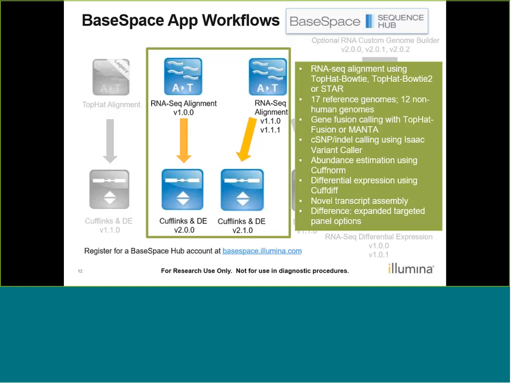Other than those differences, these workflows are pretty similar. You're going to have your choice of different aligner between the TopHat Bowtie, TopHat Bowtie 2, or STAR. You can select one of 17 reference genomes, some of which are non-human. You can perform optional gene fusion calling with TopHat Fusion if you selected Bowtie or Bowtie 2, or Manta if you selected STAR. SNP and indel calling is going to be performed using the Isaac variant caller.